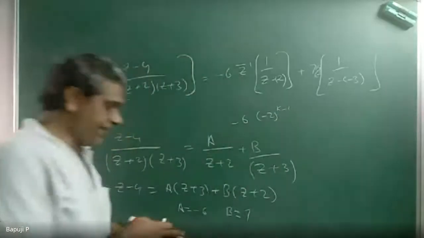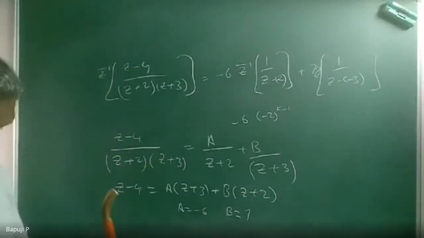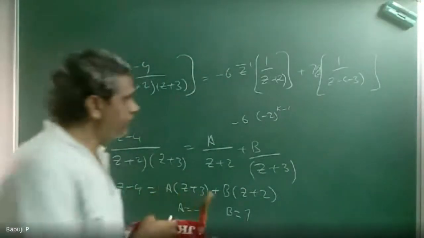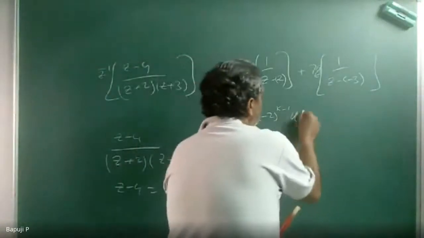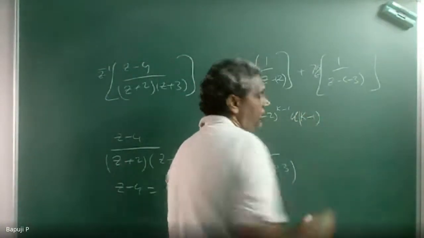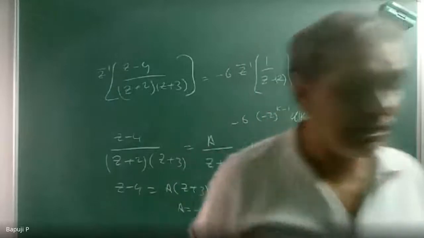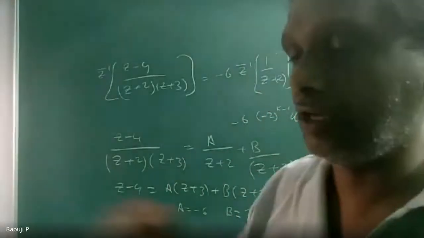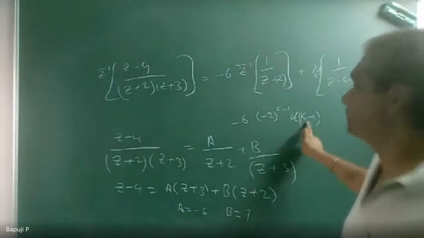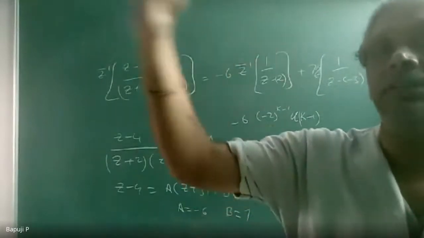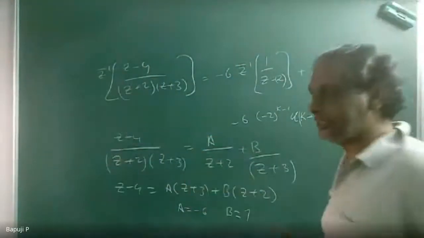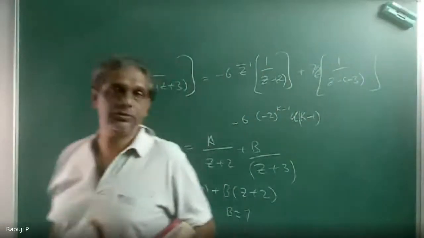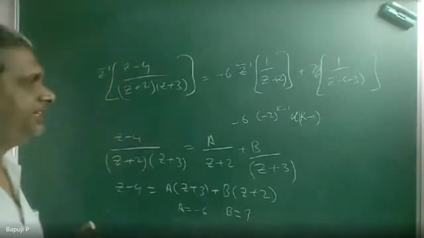They will write that this is valid for k greater than or equal to 1, so they will include a unit step function, u of k minus 1. Already I told you u of k is equal to 1 when k is greater than or equal to 0. So u of k minus 1 is valid when k minus 1 is greater than or equal to 0, meaning k greater than or equal to 1. So they will take that validity.